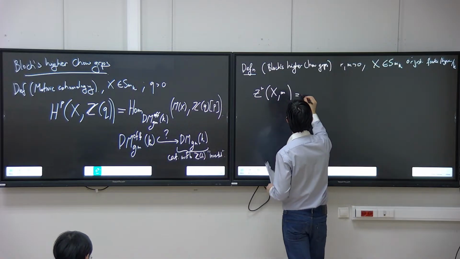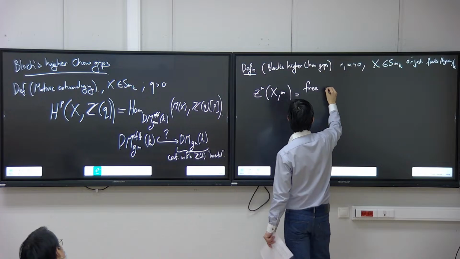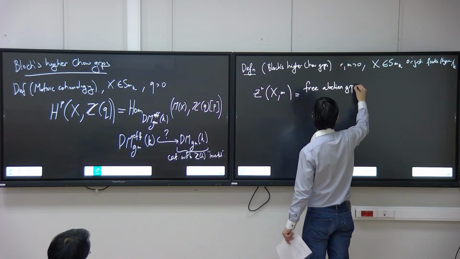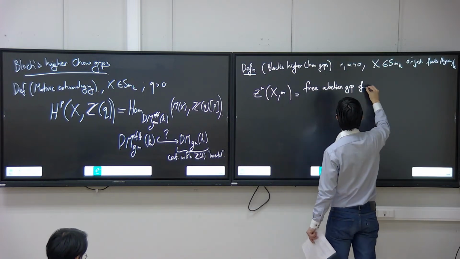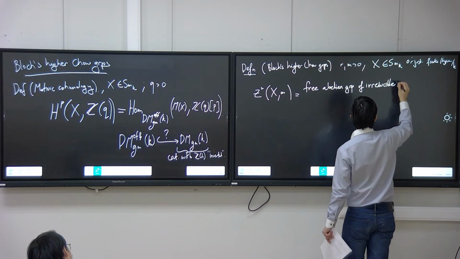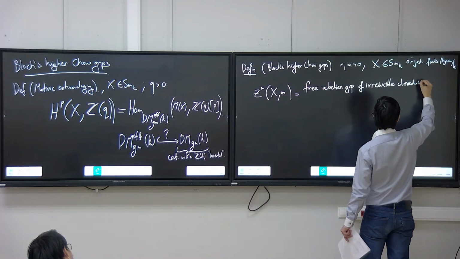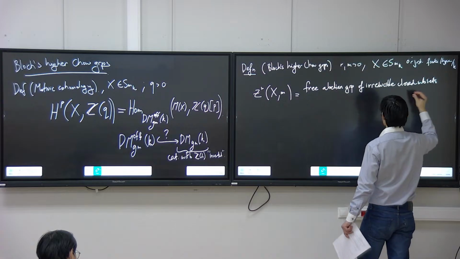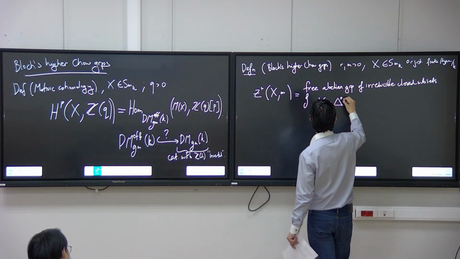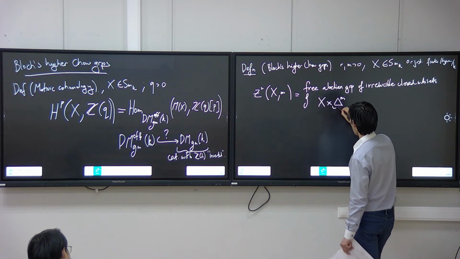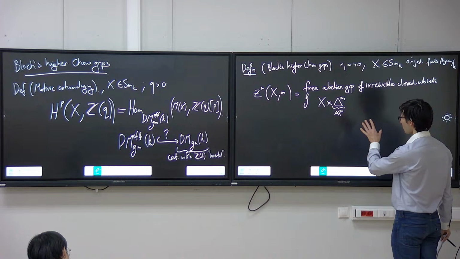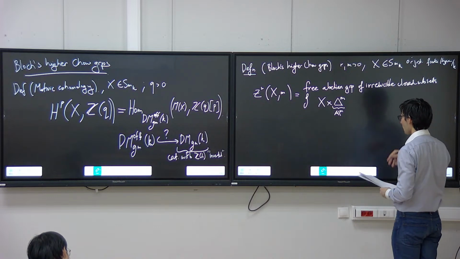So this will be the free abelian group of irreducible closed subsets of X times Δ^m. Remember, this Δ^m was nothing but affine space in dimension m, but it can be defined in some way so that we get a cochain complex coming from the previous lecture.